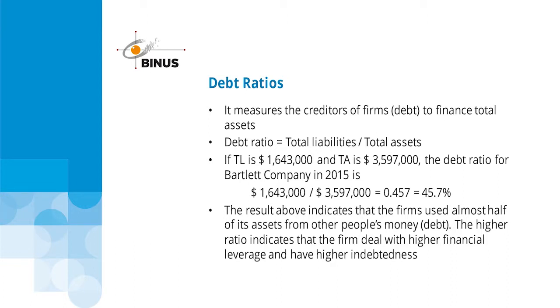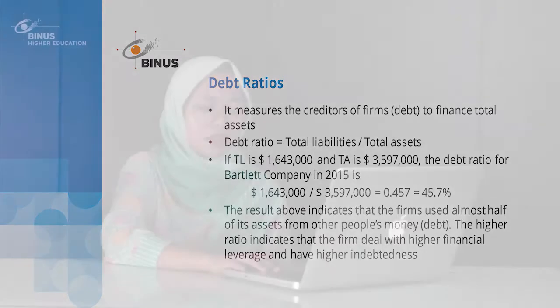So if we have total liabilities of $1,643,000 and total assets of $3,597,000, the debt ratio will be 45.7%. It means that almost half of the assets are financed by debt, so the company has high indebtedness.